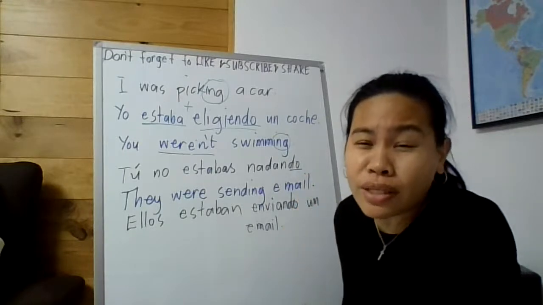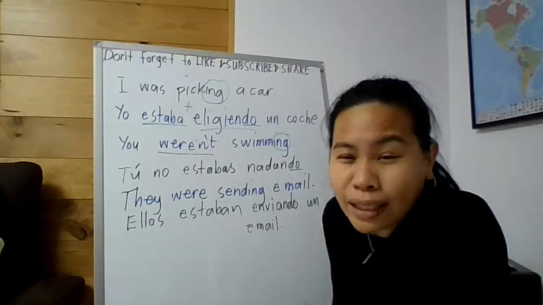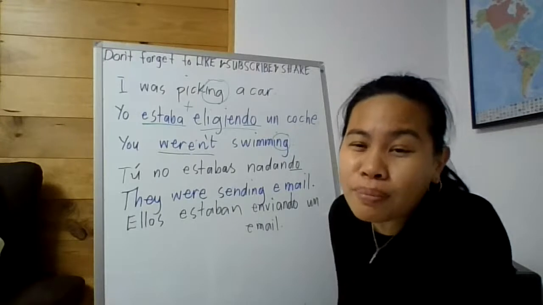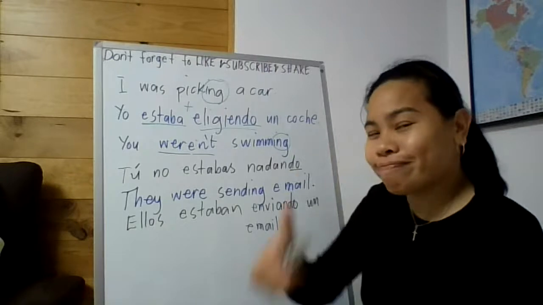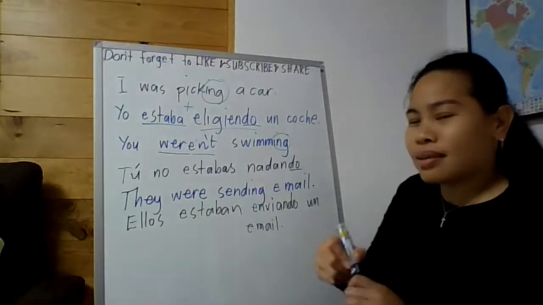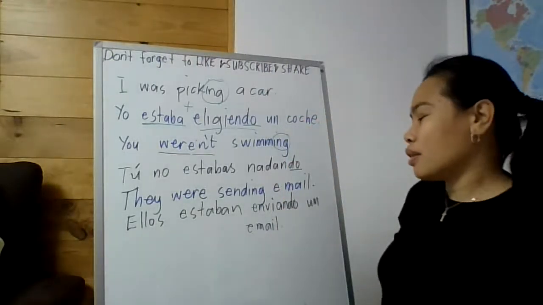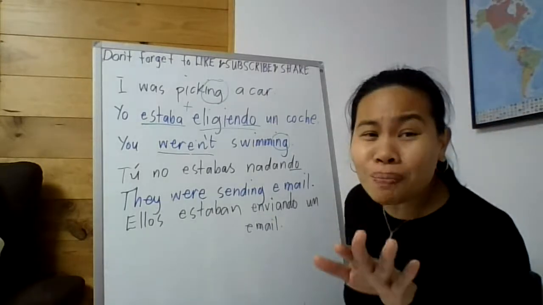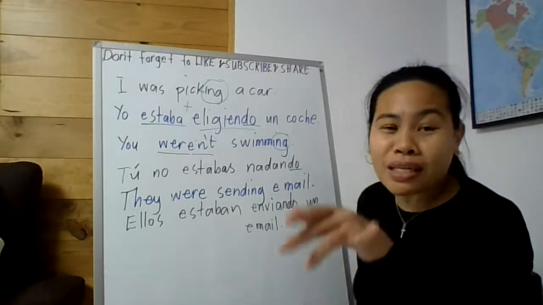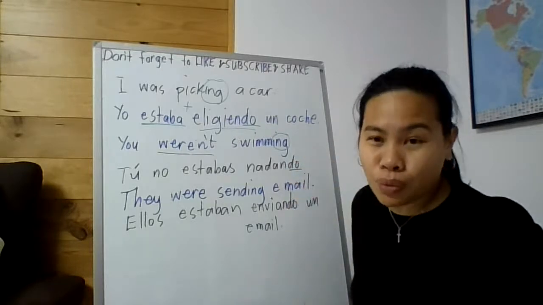You are making your examples. Estás nadando. Muy bien, Rob. Están enviando un email. Falta acento. Están enviando. So, I think you completely understand the present and the past continuo.